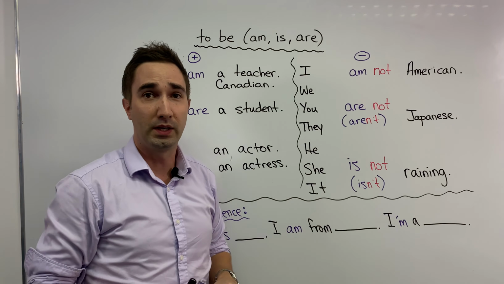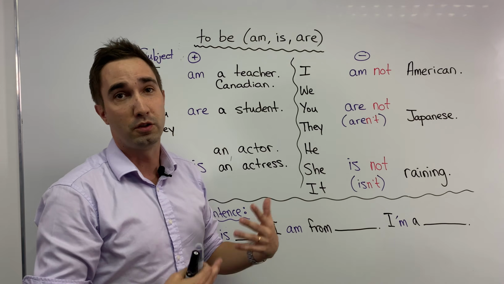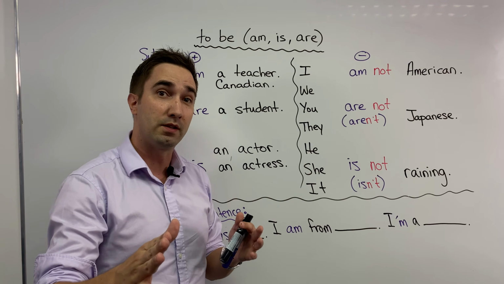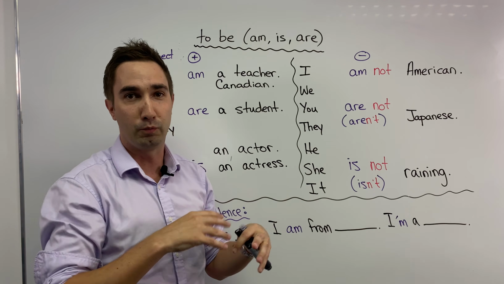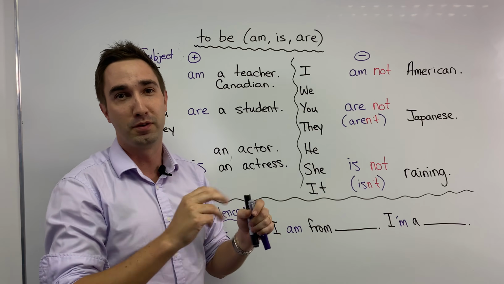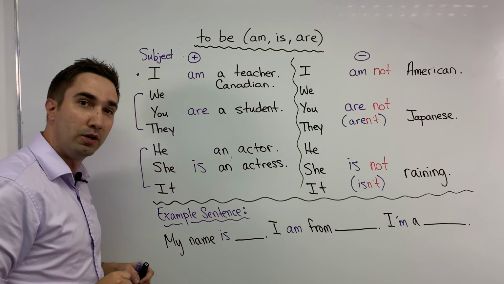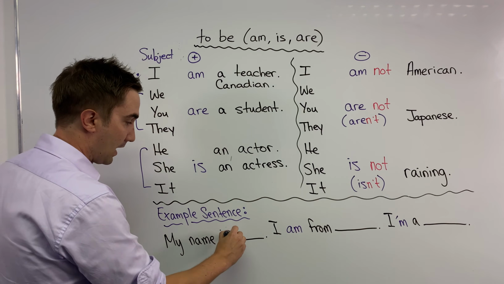But here's just a quick example of how you can introduce yourself using the verb to be. If you want to do this for us, you can post that in the comments below, and we will be happy to give you some feedback on your sentences. But you can simply follow this. So for me, my name is Matt.